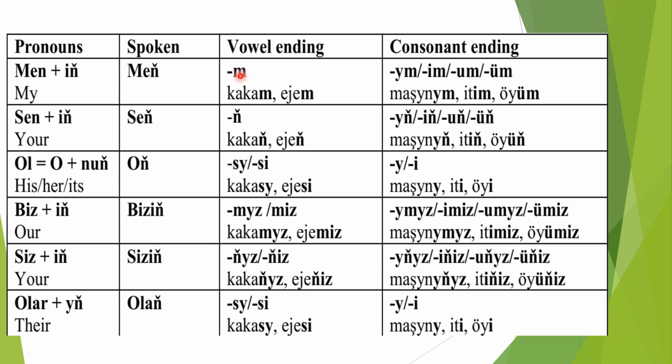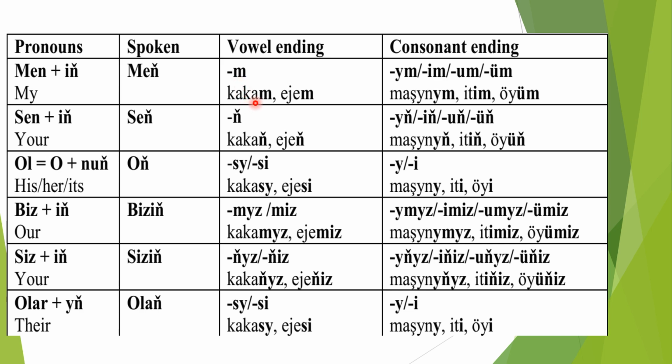Now we have the suffixes which we must add to the objects of possession. These are for vowel ending, and these are for consonant ending. For example, if I want to say kaka is a father, eje is a mother, and I want to say my father, I need to pay attention.